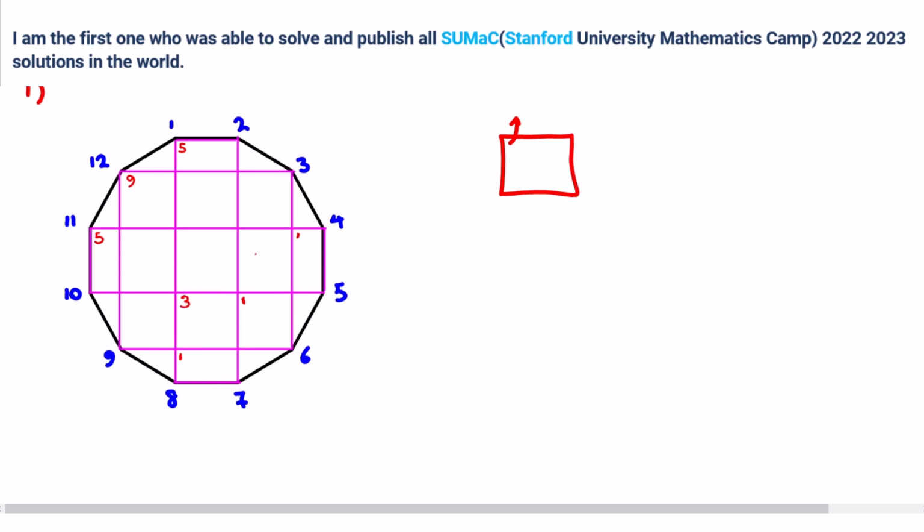Because this one is 3, this one is also 3, right? Now what about this one? 3 as well. Exactly. We can say 3, and this one again is 3, right? Now what about this one?